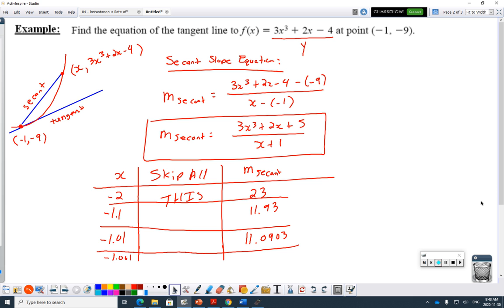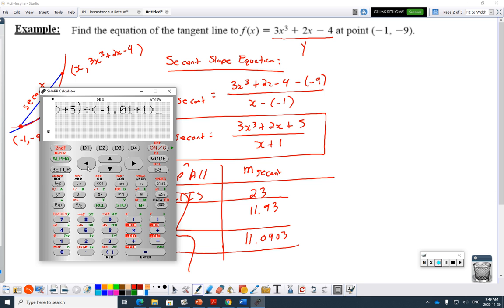Negative 1.01. I'm still skipping all this. I'm not doing all that stuff in between. Back to my calculator. Show you once again. Adding a 0. At most, you got to hit an insert button. Equals. And I get what I got in the other one. 11.009.003.